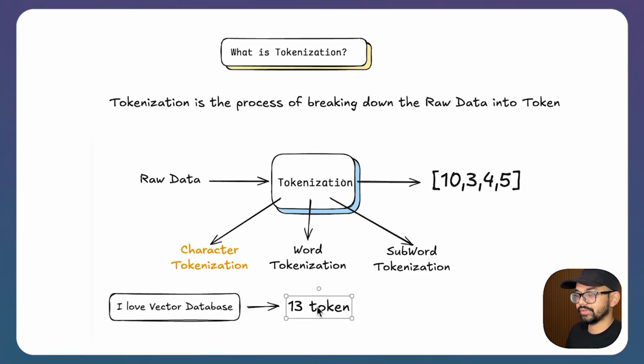If you then consider a huge sentence and all the different types of characters, the number of tokens would be huge. So the main drawback of the character tokenizer is that the number of tokens increases.